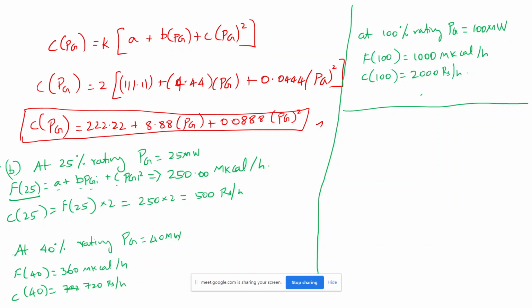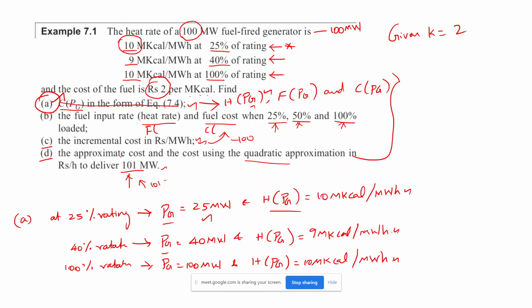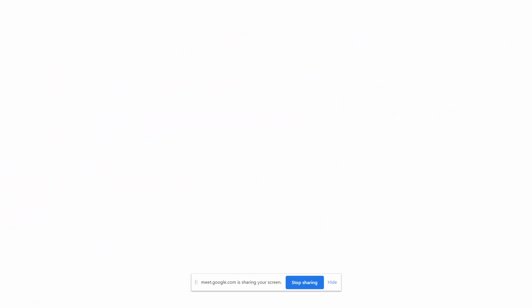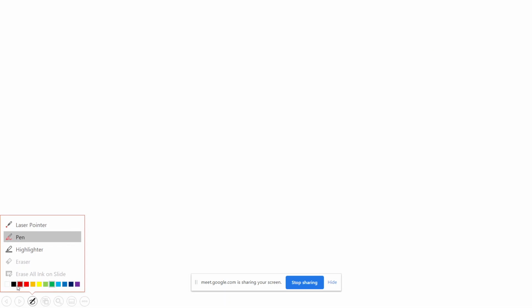Let's go for C. So what is the C question? Incremental cost. So what is incremental cost? What is the equation for incremental cost? Anyone recall? So incremental cost IC is nothing but the differentiation of the cost equation with respect to PG.